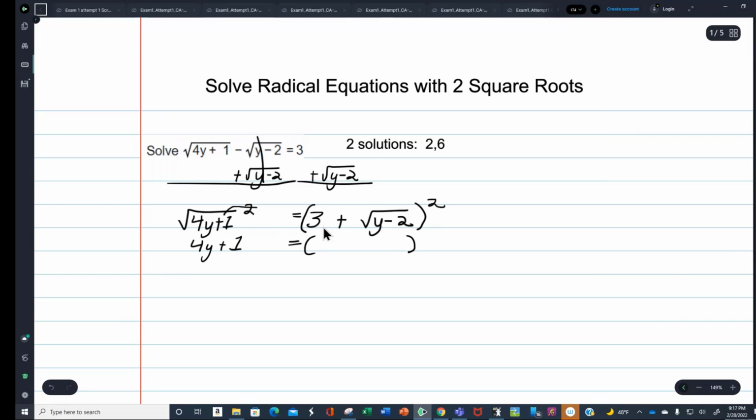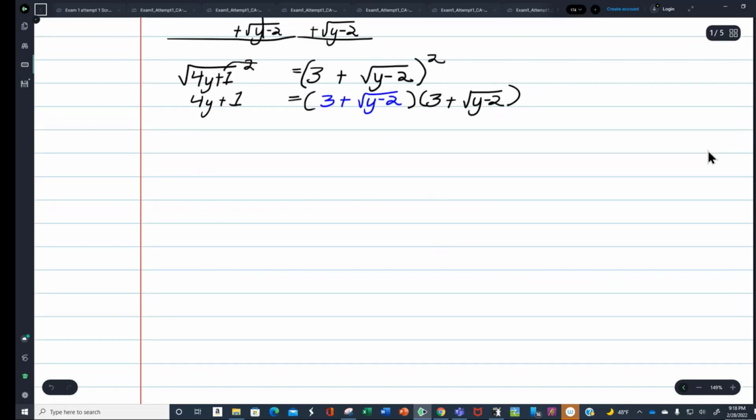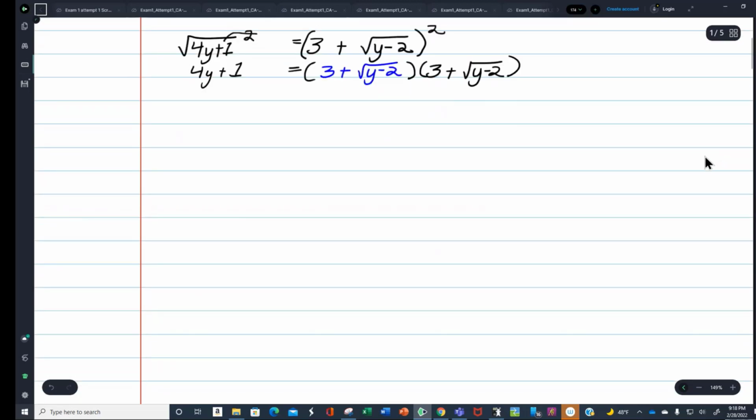I'm going to write the first set of parentheses in blue, and the second set in black, just so I can do a little color coding, because I want to clearly show you the distribution method for multiplying.